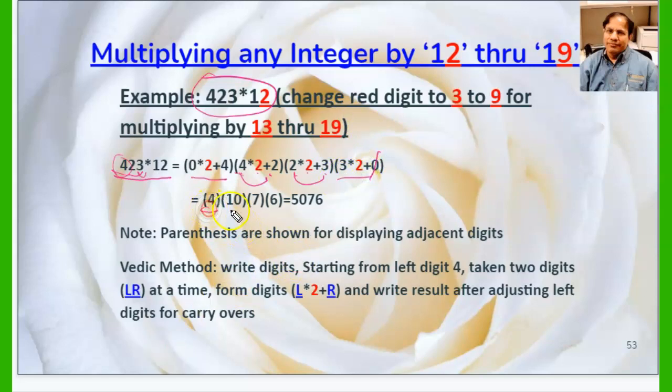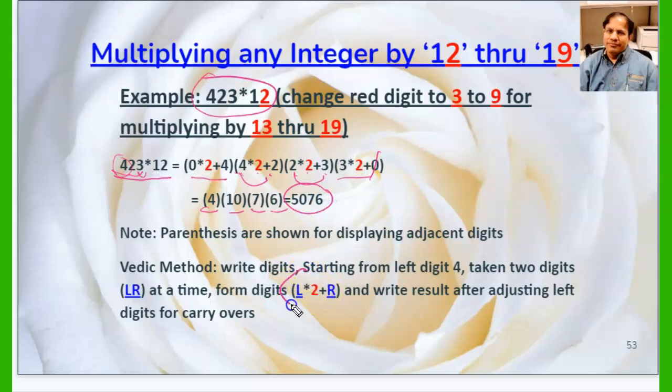And if we write it between the parentheses, you can have only one digit, which means that we have to use the carry over. And you can see that this is 10, so the carry over to the left, so the 4 becomes 5, and so we end up with 5076.